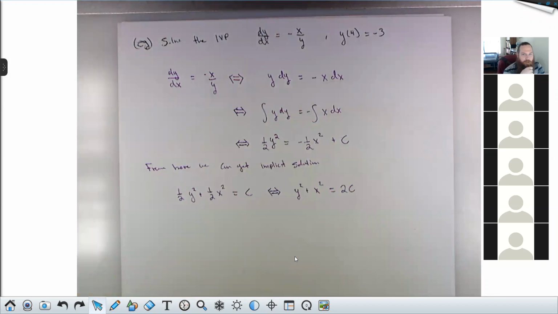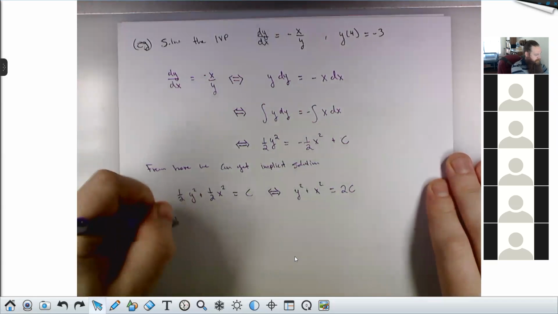Why would I maybe want this implicit expression rather than the explicit expression you get from taking square roots? That's the formula for a circle. Yeah, because I know exactly what that is. That's a circle centered at the origin, at 0, 0, of radius square root of 2c.